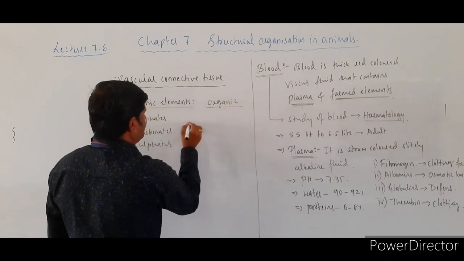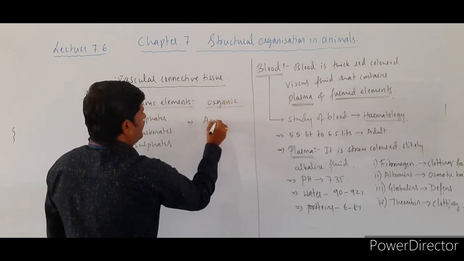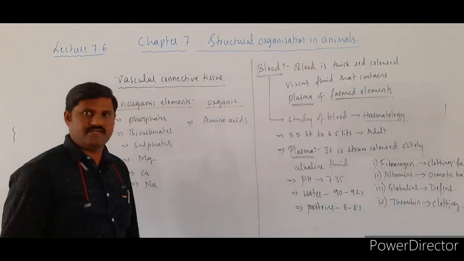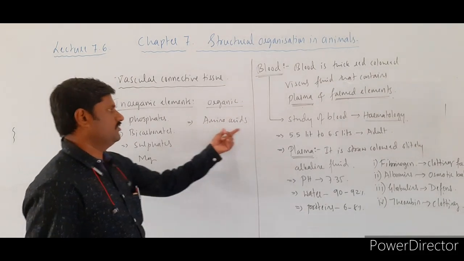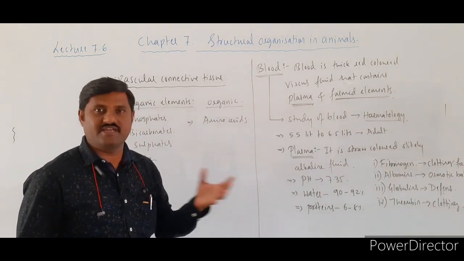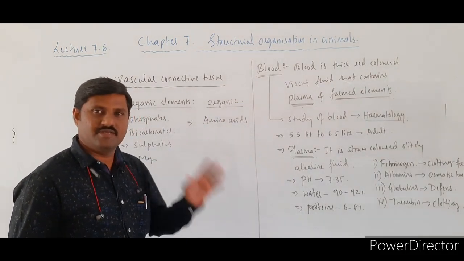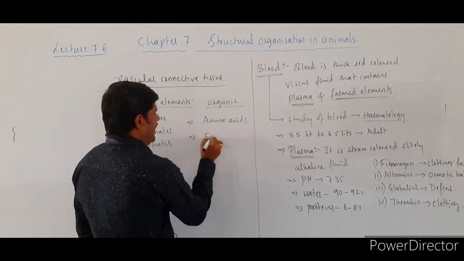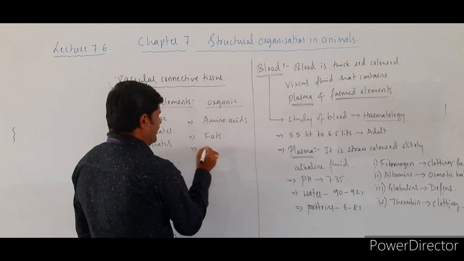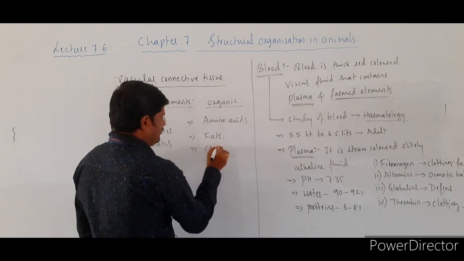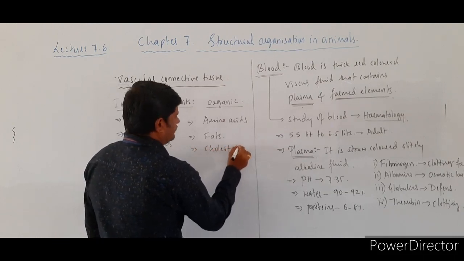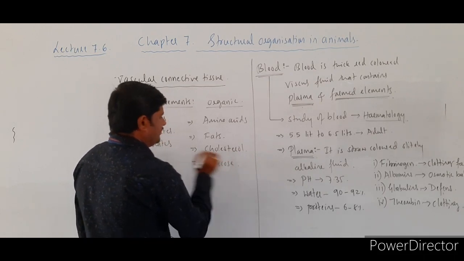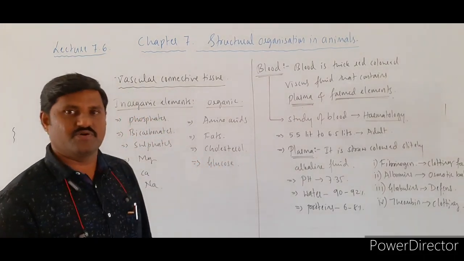Apart from this, some organic substances are also present over there. They are amino acids. A chain of amino acids forms the proteins. Amino acids will be there, and fats will be there, as well as one of the fats, that is cholesterol. And apart from this, glucose is very important, blood glucose.